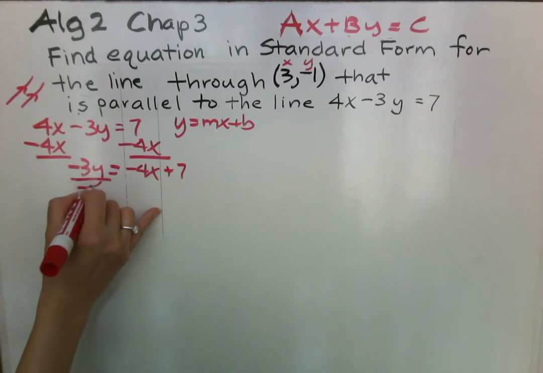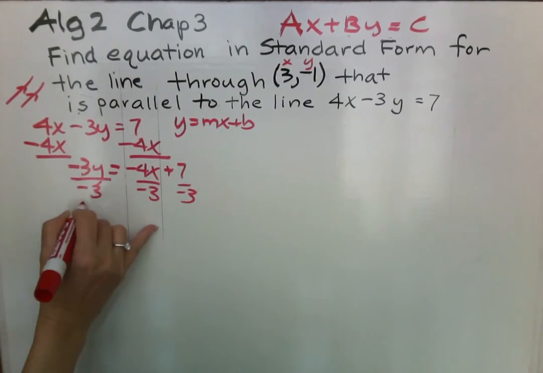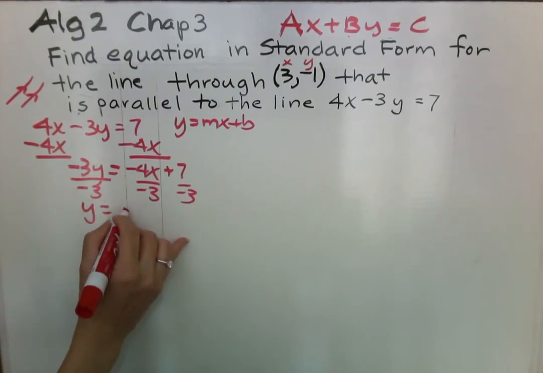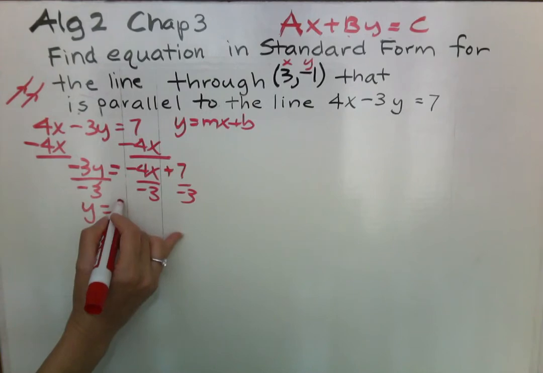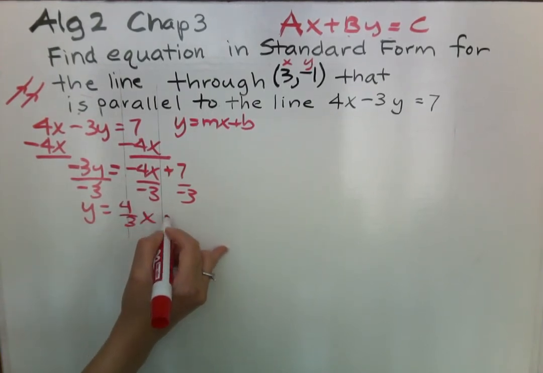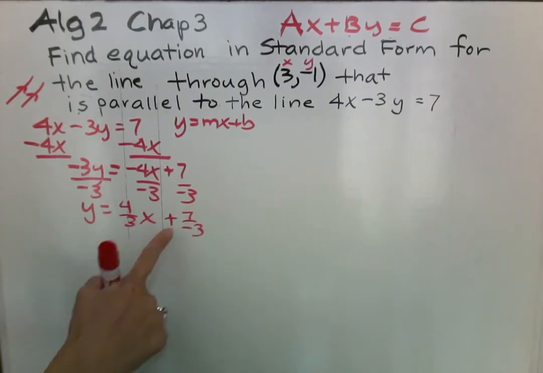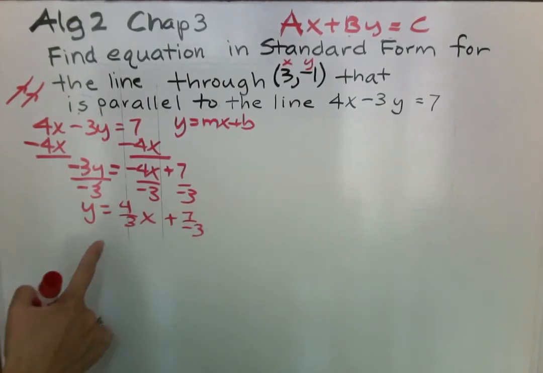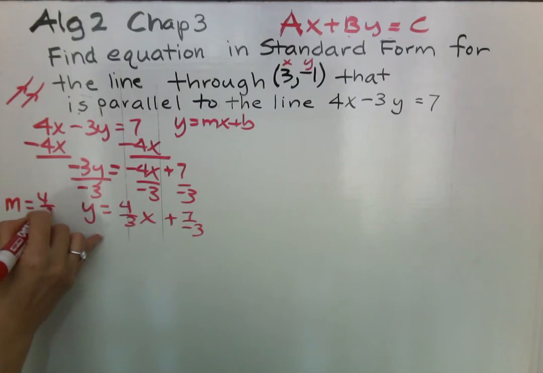Now we're going to divide both sides by -3. And we get y equals positive 4/3 x, because -4 divided by -3 is still positive. That's your slope. And then we have plus 7 over -3. You don't have to solve that part because our whole goal was really to find the slope. So we found that the slope of this equation is 4/3.